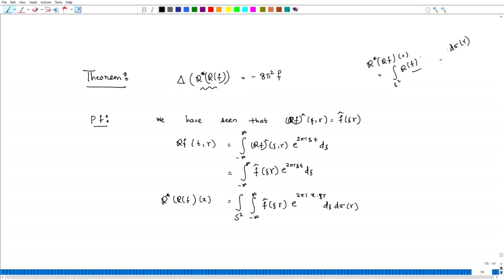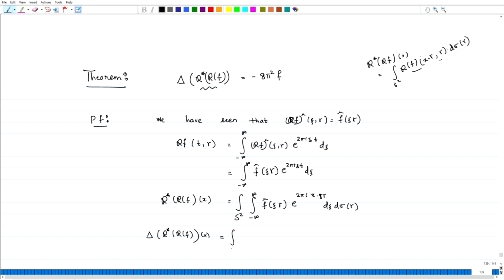So, now we apply the Laplacian. Now, all these are nice Schwartz class functions, so one can push the Laplacian inside the integral.